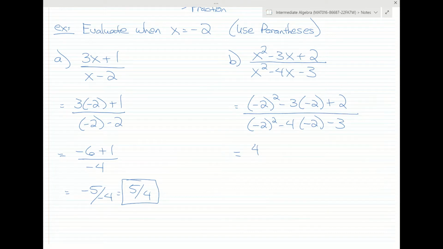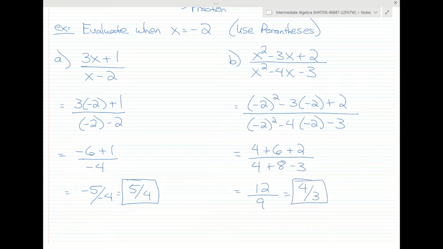And this is 4 plus 6 plus 2 over 4 plus 8 minus 3, which is 12 over 9, which is 4/3. So when we're evaluating, it's just asking us to plug in a number for a letter. We use parentheses, order of operations, and that's what we get.